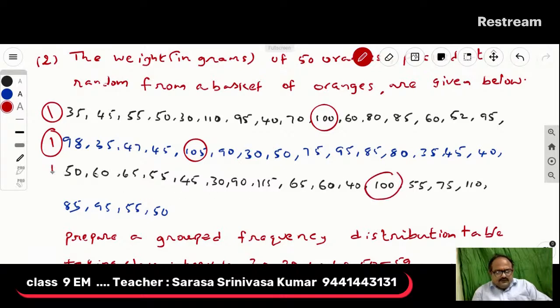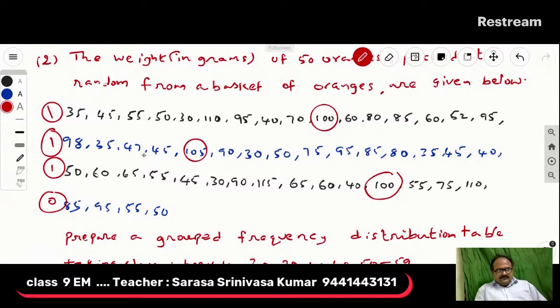This is 1. Now in the fourth row, there are no oranges having a weight from 100 to 109 grams. So how many oranges are there in this class interval? Total 1 plus 1 plus 1, that is 3 oranges.